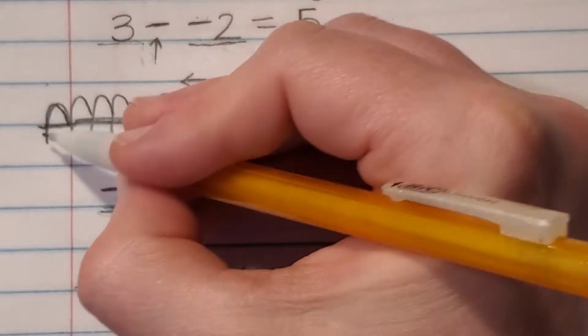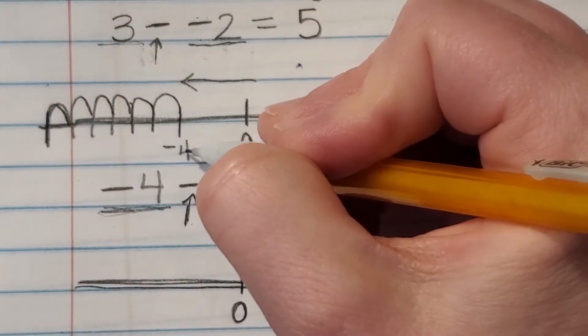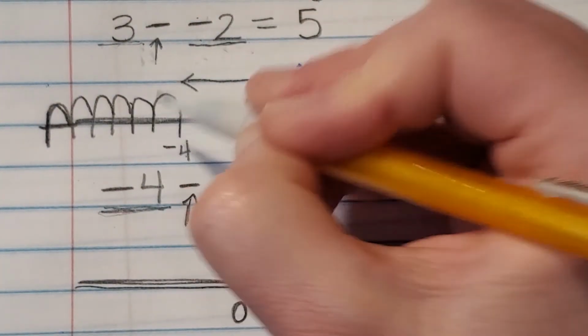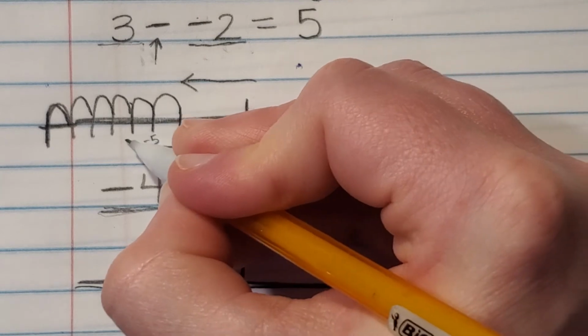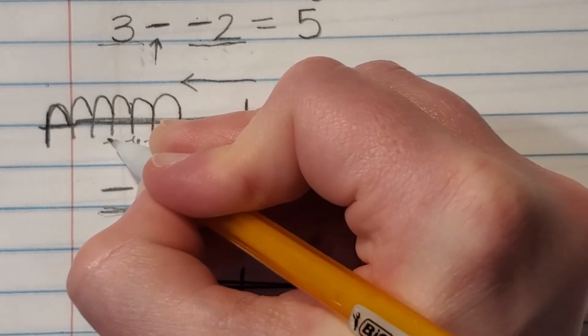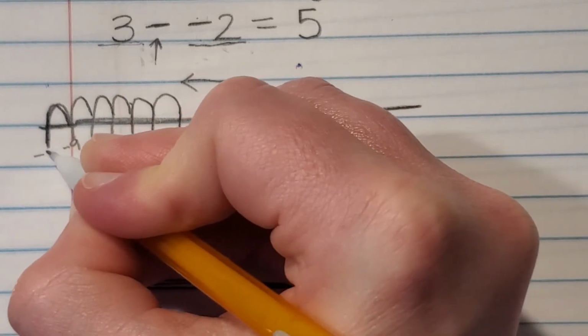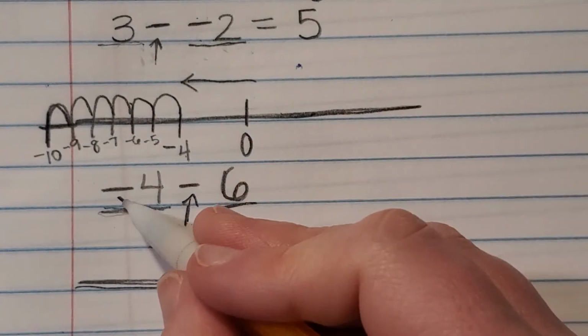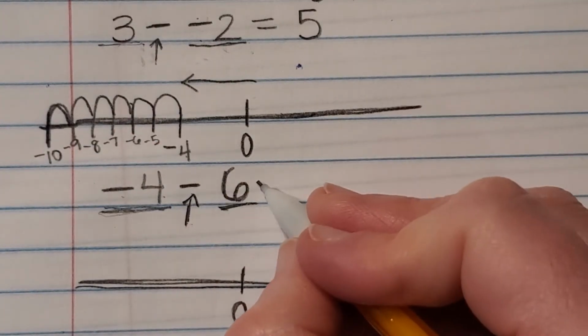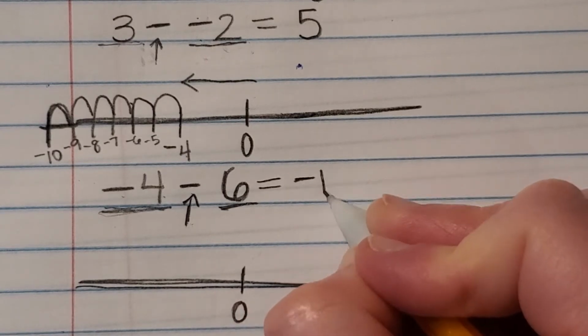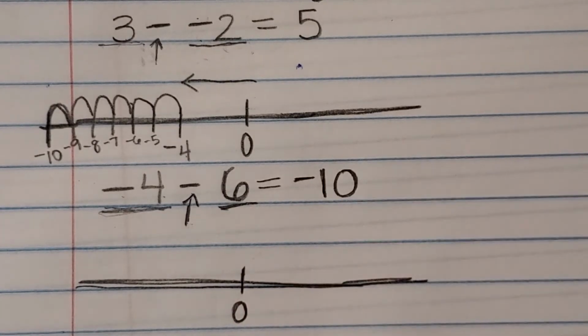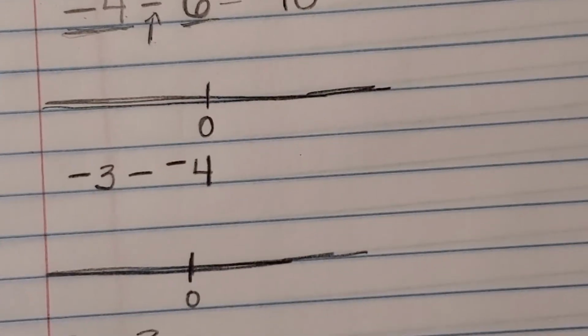All right, so now I just have to figure out what this last line represents. If this is negative 4, the next one would be negative 5, negative 6, negative 7, negative 8, negative 9, and negative 10. So negative 4 minus 6 equals negative 10. All right, let's look at another example.